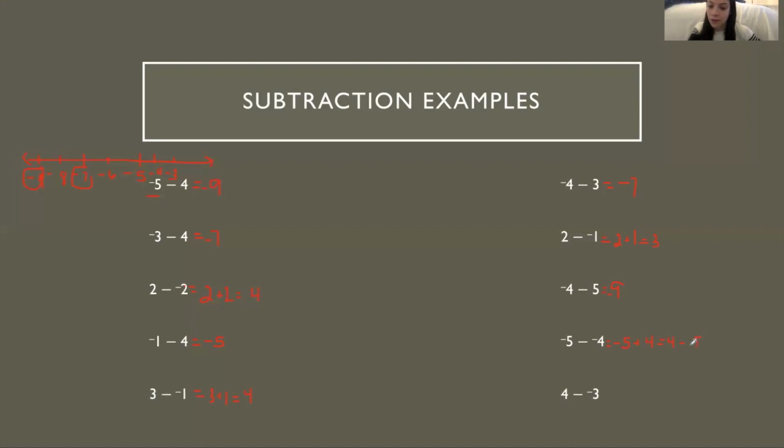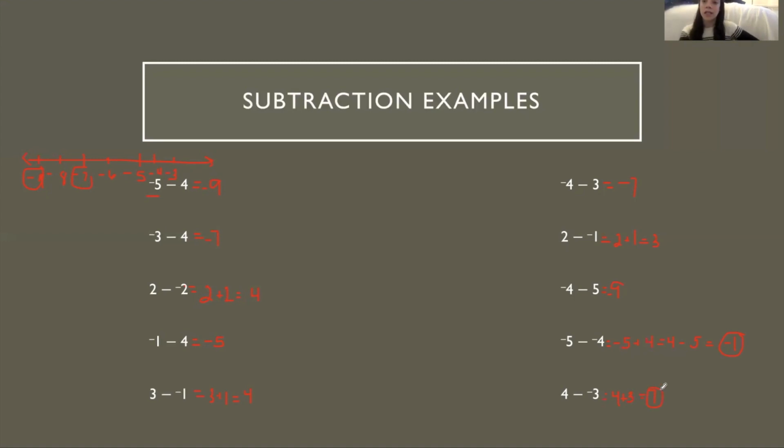And then 4 minus 5 is negative 1. And then here we go, the last one. 4 minus negative 3 equals 4 plus 3. So we get, again, 7.